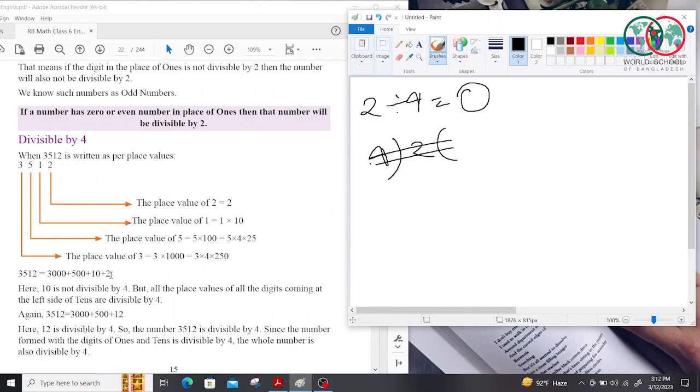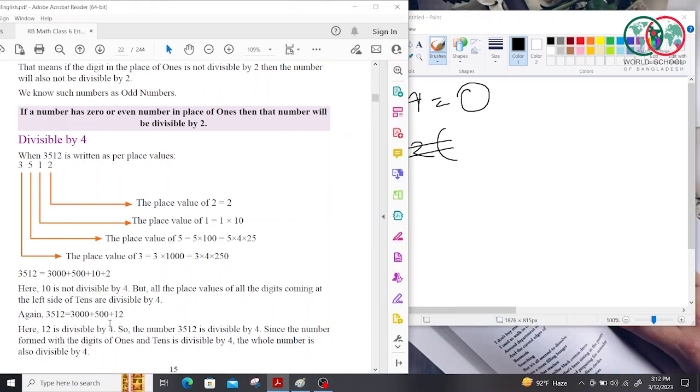But we can divide 12. If we add the place value of ones and tens, the place value of the second place is 10 and the ones is 2, so we add them, we get 12.